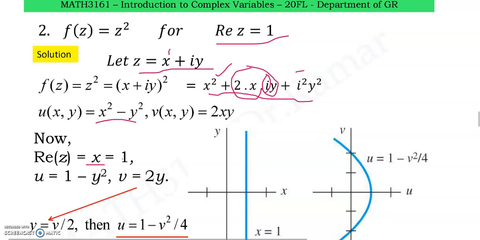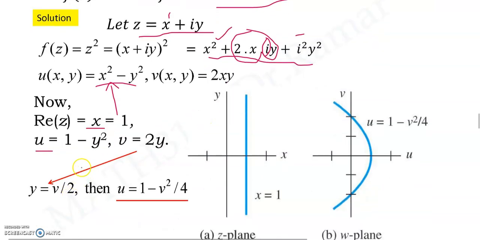Now you substitute this x value here in u and v. So now we can get u in terms of 1 minus y squared, and v in terms of 2y, without x, because we substitute x equal to 1. Now from this you can find y. v equal to 2y, so y is equal to v over 2.